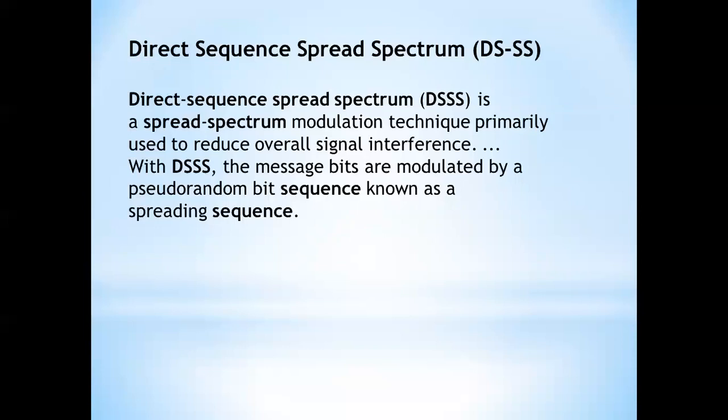Operation of the encoder in a DSSS system: the input data sequence is converted into a polar sequence by an NRZ encoder. The NRZ signal and the pseudo-noise signal are applied to the inputs of a product modulator. At the output of the product modulator, we obtain the SS signal.